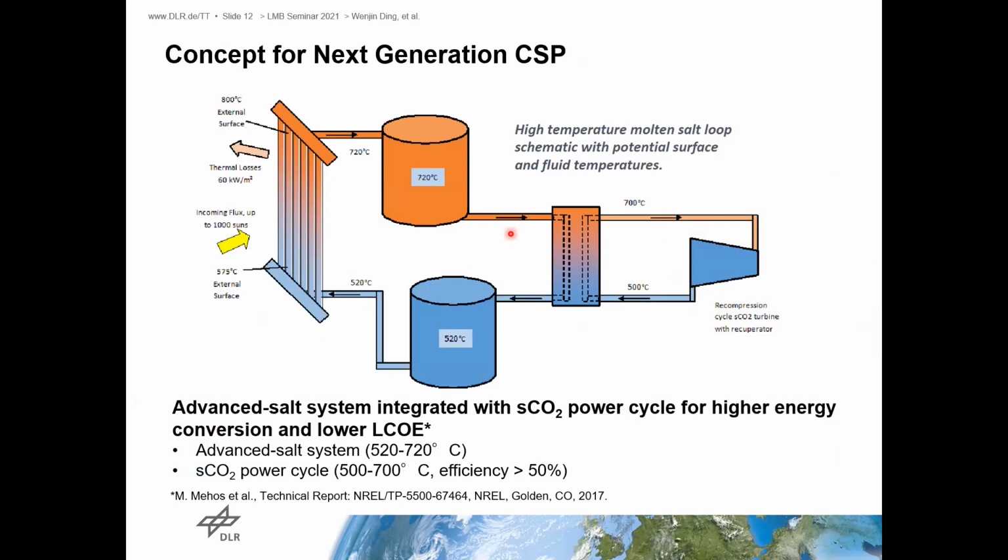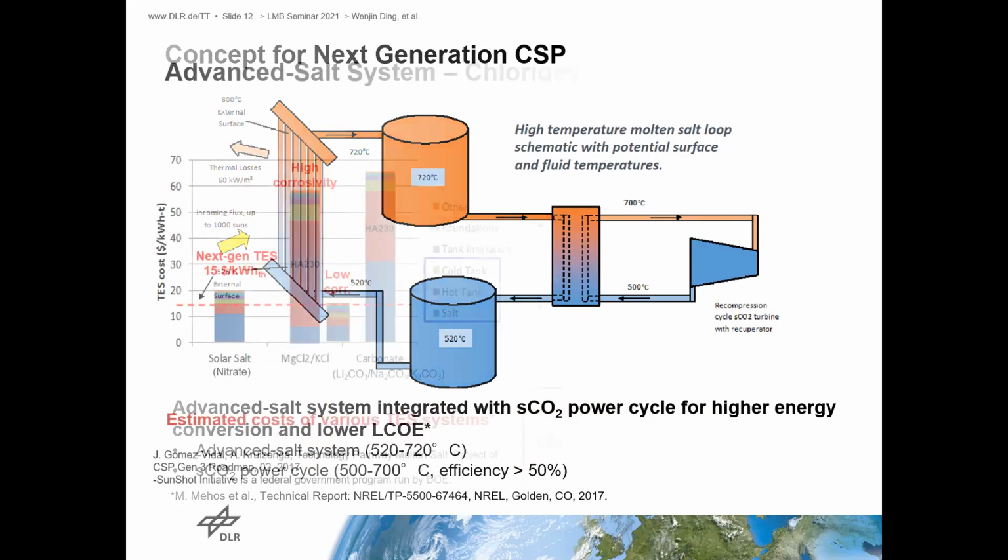In such a CSP, you can see here, we get the heat from the sun and store the heat in the molten salt at a high temperature, above 700 degrees C. Then we use the heat to generate electricity. And the supercritical CO2 power cycles can be used for high energy conversion and for low energy cost.